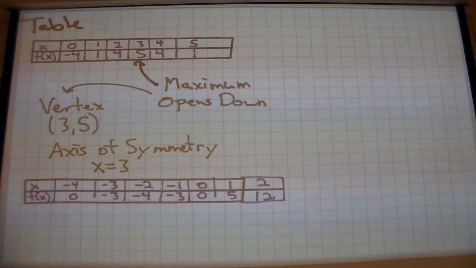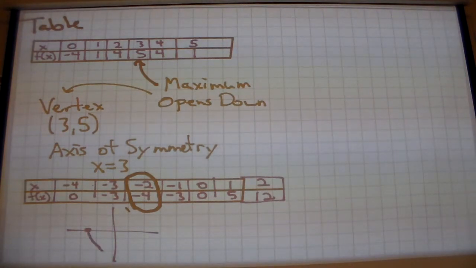Where's the vertex? Looking at the values in the bottom, when does it change direction? I went from 0 to -3 to -4 to -3 to 0 to 5.